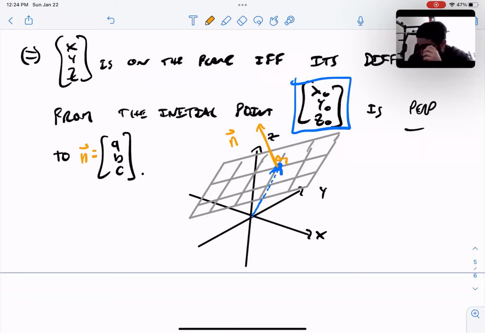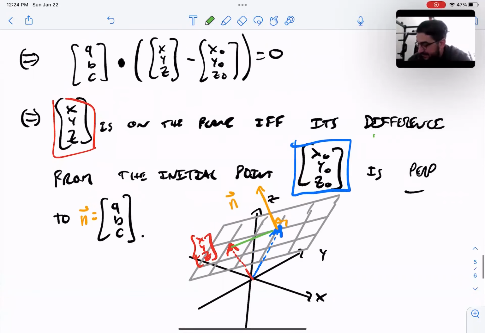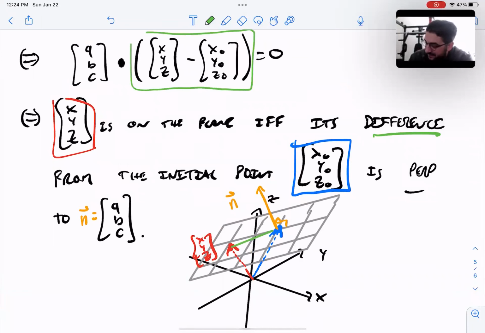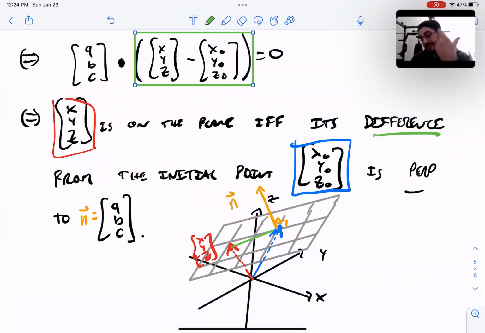Now, what we're saying here is if you pick any other generic point x, y, z, how does x, y, z get to be on the plane? x, y, z is on the plane if and only if, here's some other vector x, y, z, the difference, here's the difference, from the tip of x, y, z to the tip of x naught, y naught, z naught, is perpendicular to n.